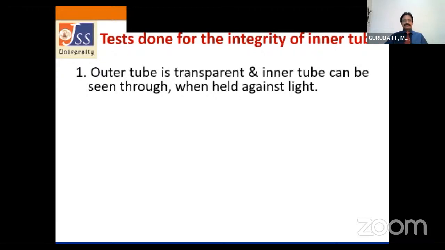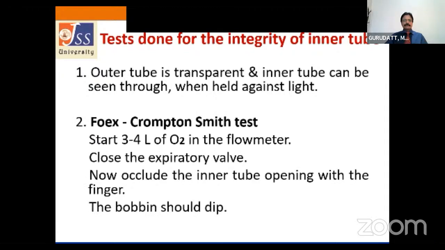The second test is called the Pethick-Crompton-Smith test. To check the integrity, you just start about 3 to 4 liters of oxygen in the flow meter. Then you close the expiratory valve of the Bain circuit. Now you try to occlude the inner tube with your little finger.